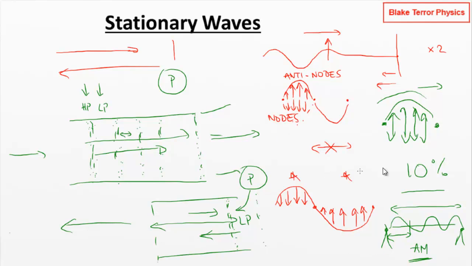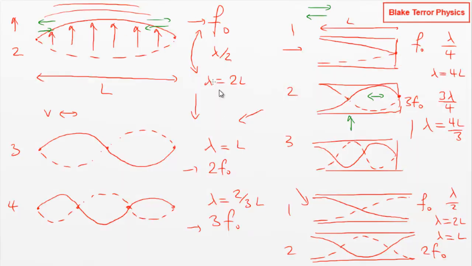And they're nowhere near as confusing as a lot of people seem to think they are when they first come across them. When I do tutorials on stationary waves, people have a lot of problems drawing out all of these different frequencies, all of these different harmonics, going from the fundamental frequency and then various higher level harmonics. It can seem more complicated than it actually is.